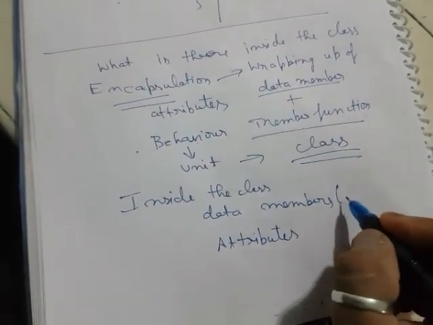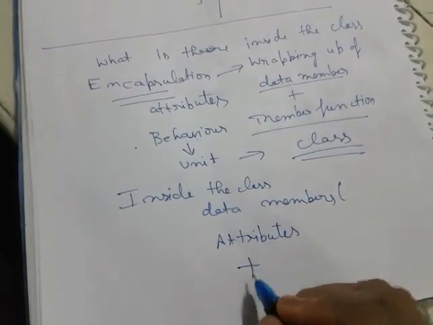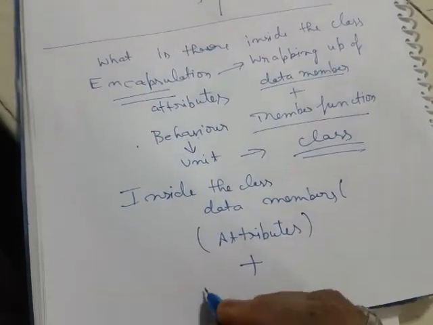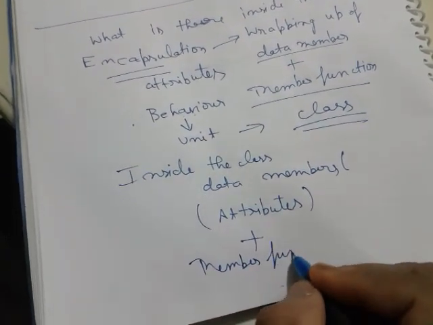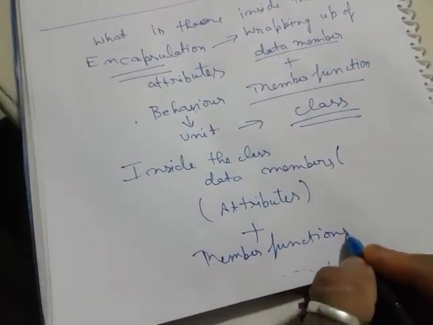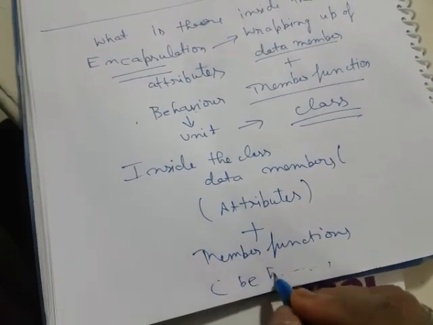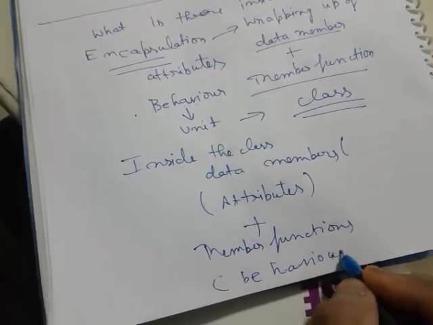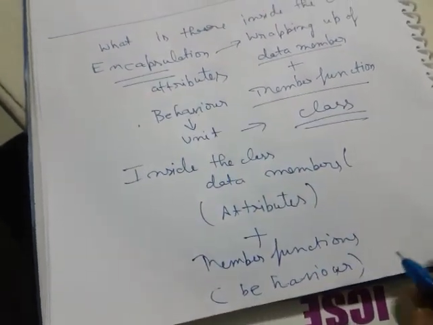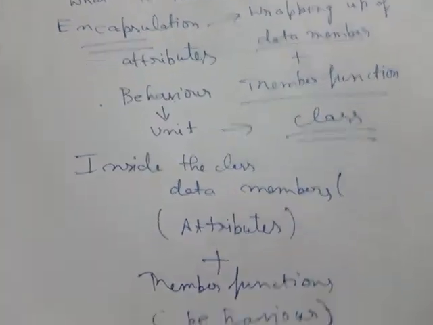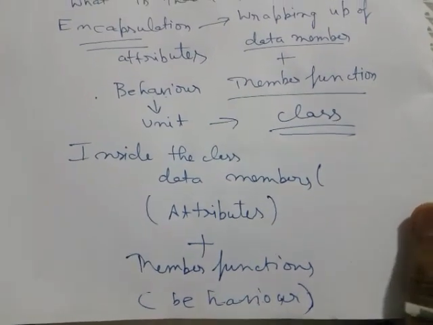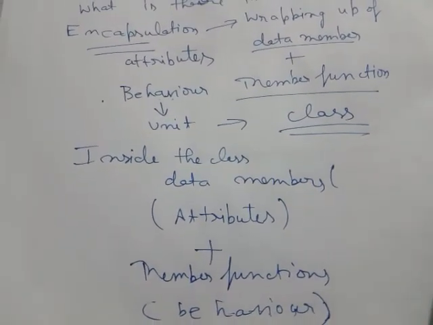This is data members or attributes plus member functions, that means behavior. One more thing I want to tell you, when we talk about programming, we always think about the logic of the program.